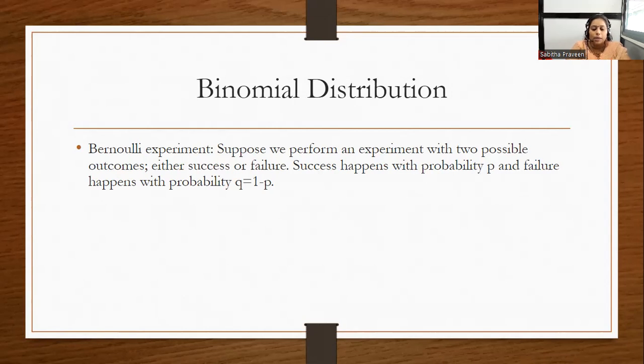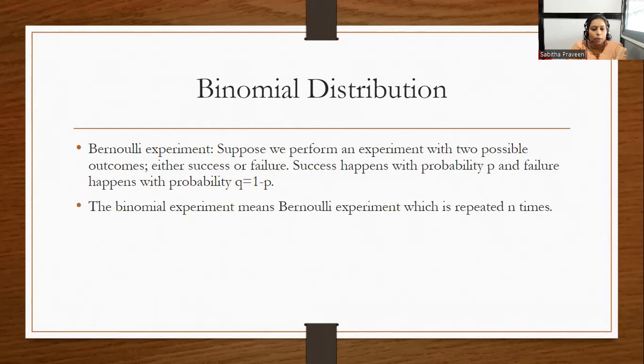And if we repeat the same experiment n number of times, then the probability of success is distributed in such a way that it follows the binomial distribution. So a binomial experiment is a Bernoulli experiment which is repeated n times.